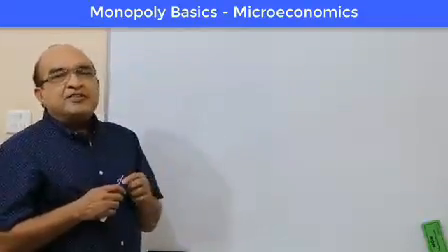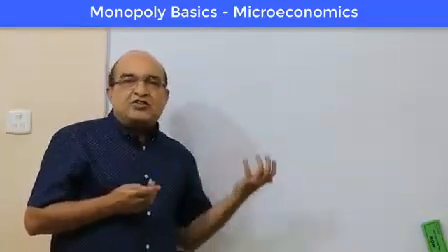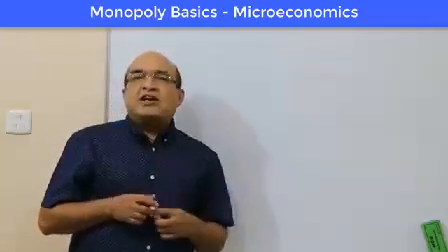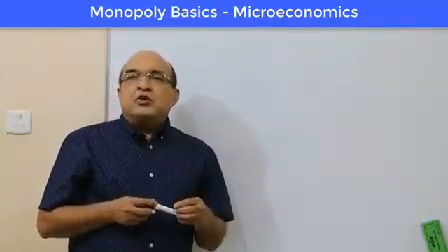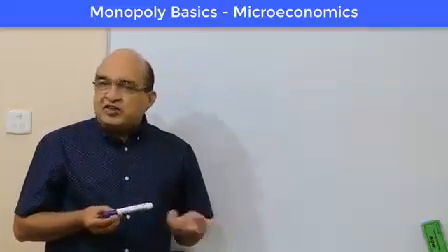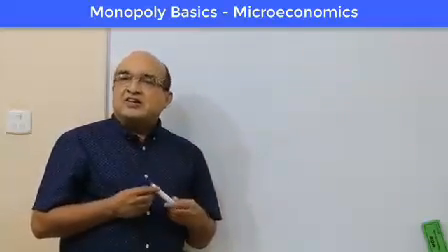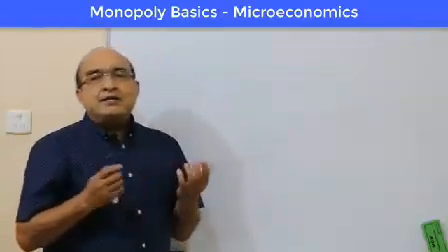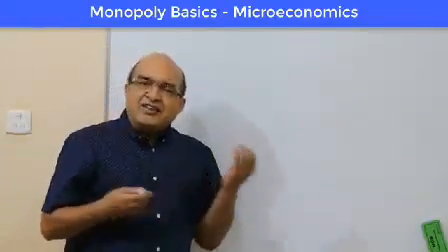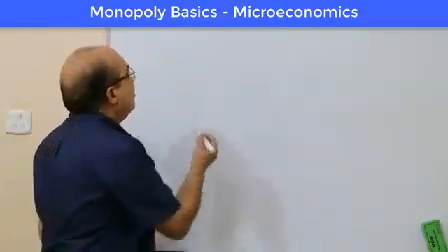So that means we have to discuss under monopoly what kind of average revenue or demand curve a monopolist will be facing, as we have seen under perfect competition. Now, the market demand curve as usual is always downward sloping.